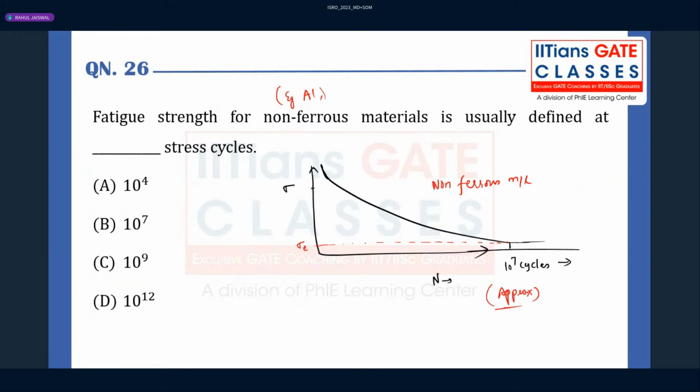Then whatever the stress is at that moment, we call that the endurance stress or endurance strength of a component, right? Because for ferrous material, it usually becomes asymptotic at 10 to the power 6 cycles. But for non-ferrous material, at 10 to the power 6 cycles, it still has a certain slope. It has not become flatter.